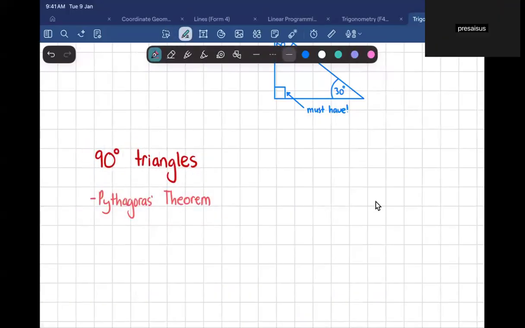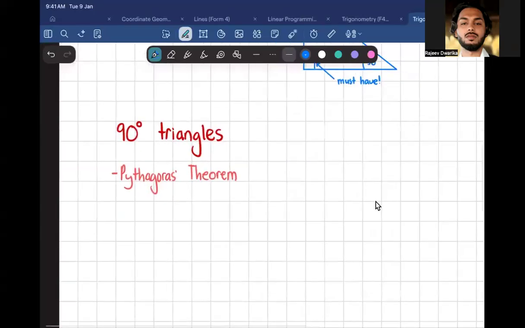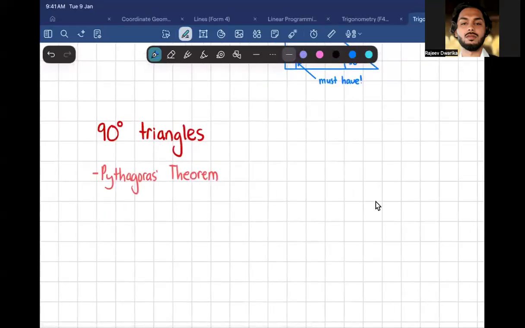Okay. So let me give you some guidelines. You would use Pythagoras theorem under these conditions and only these conditions.